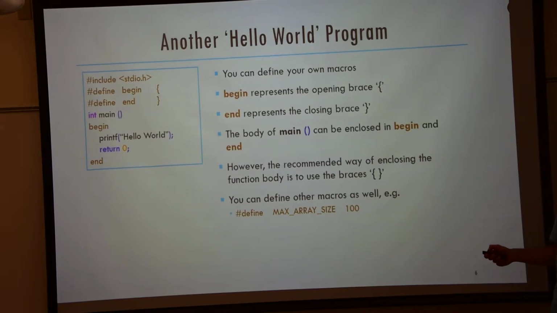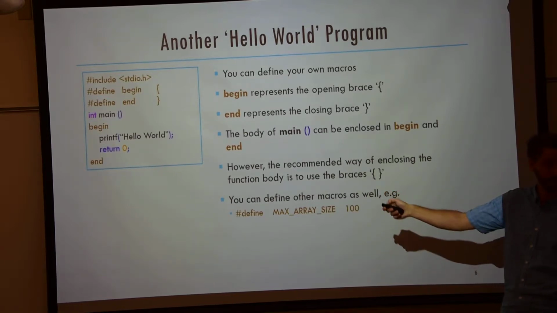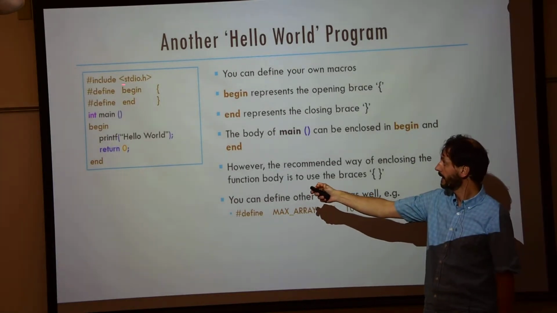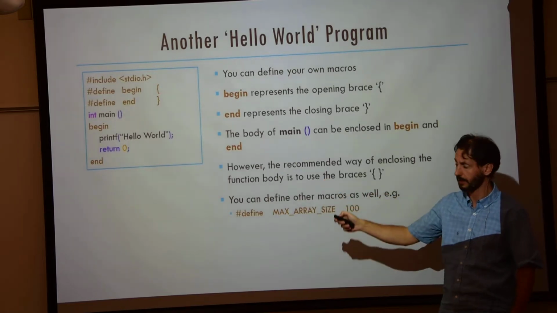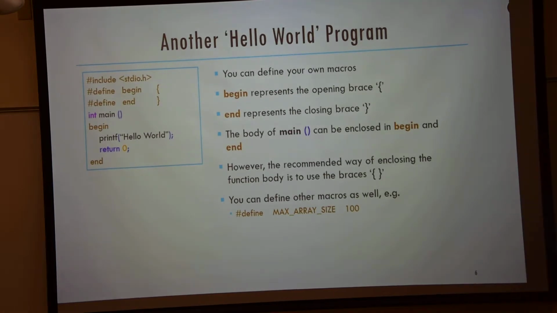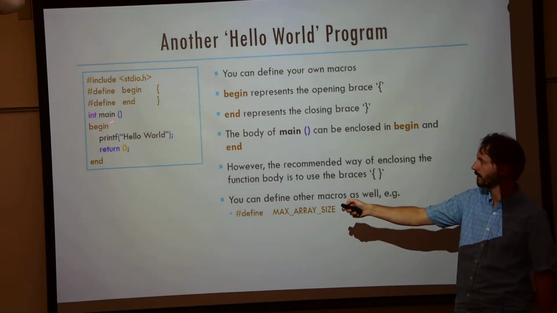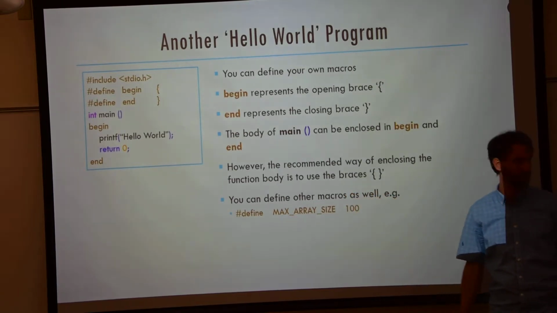As an example, you could define your own macros by using this define statement. So if you do this, in this particular case, I define begin to be equal to this curly brace. As a matter of fact, wherever the preprocessor sees begin, it will simply replace it by the curly brace, and after that interprets it as a C program.